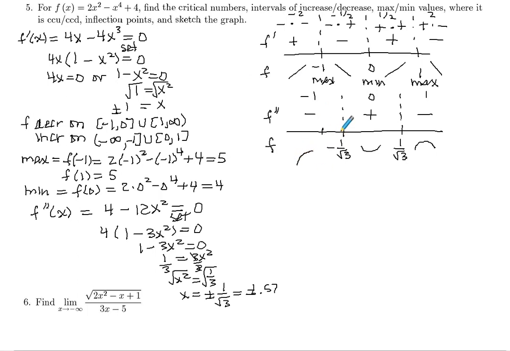Between negative 1 and negative 1 over root 3 in here, we are concave down. We look up, we're decreasing. So decreasing concave down would look like that. And then it switches to concave up. If we bring down our 0 cutoff here, this is decreasing but concave up in here between negative 1 over root 3 and 0.